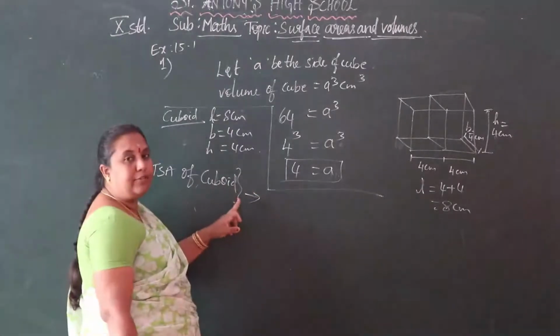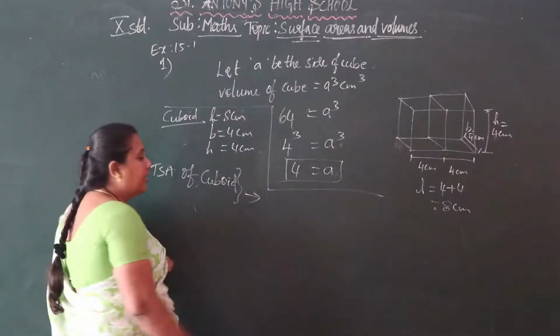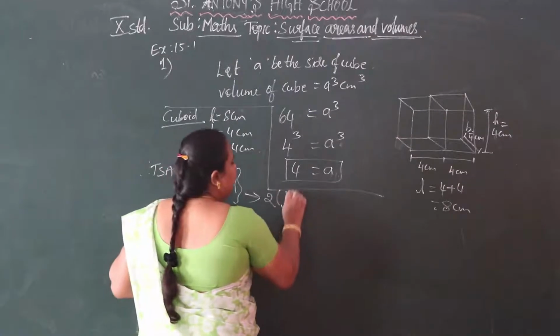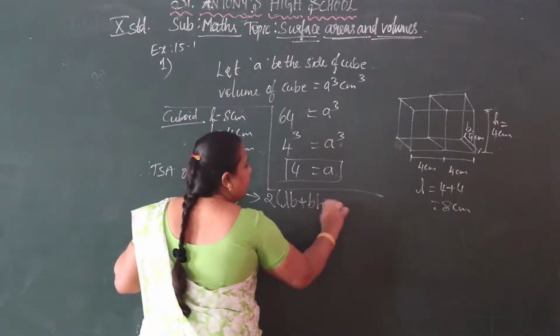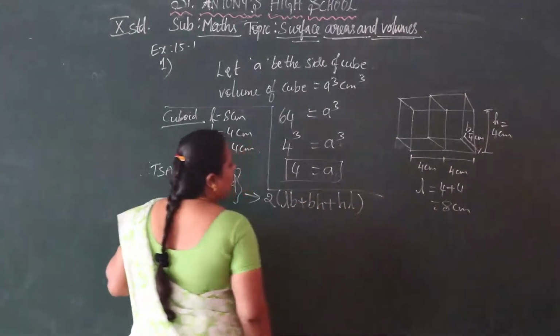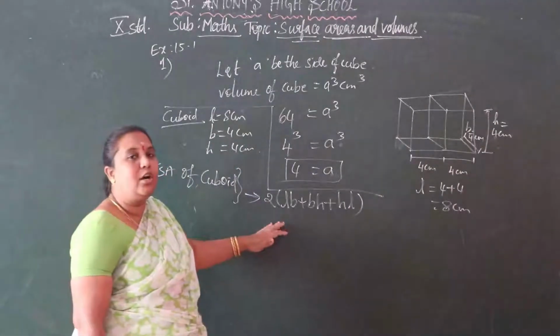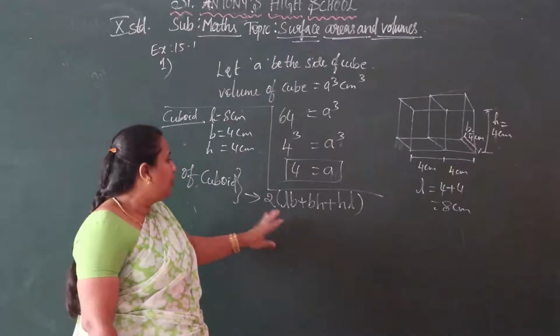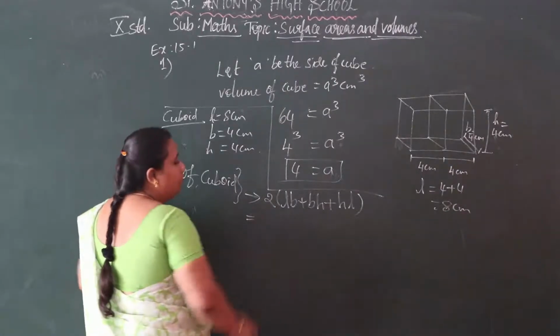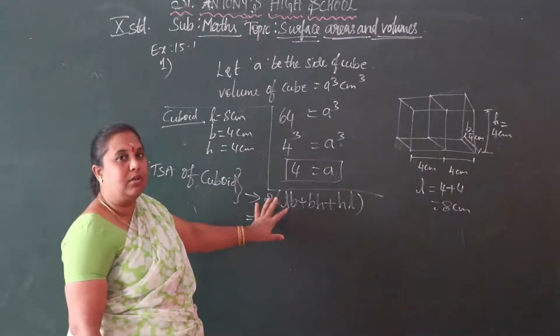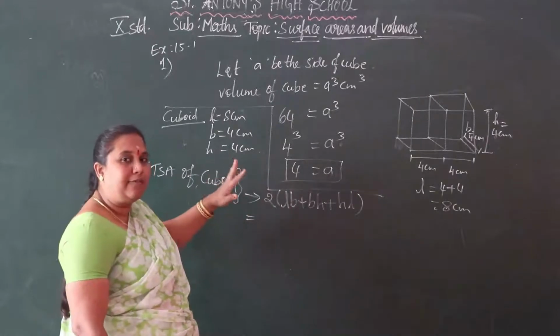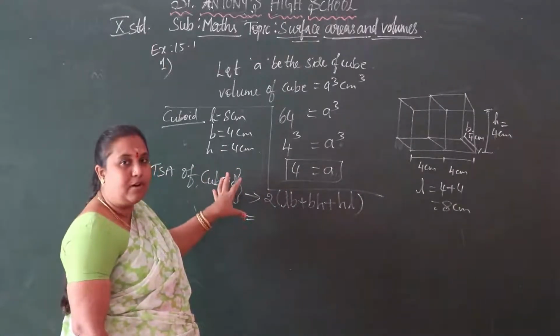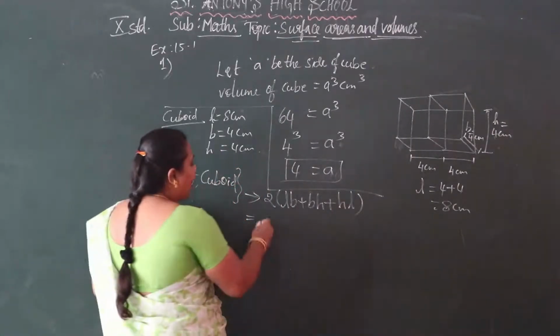What is the formula to find the total surface area of a cuboid? 2 into LB plus BH plus HL. In this cuboid we have L equals 8 centimeter, B equals 4 centimeter and H equals 4 centimeter. If you don't know the formula, you can't find the total surface area of a cuboid. So learn the formulas and practice them.